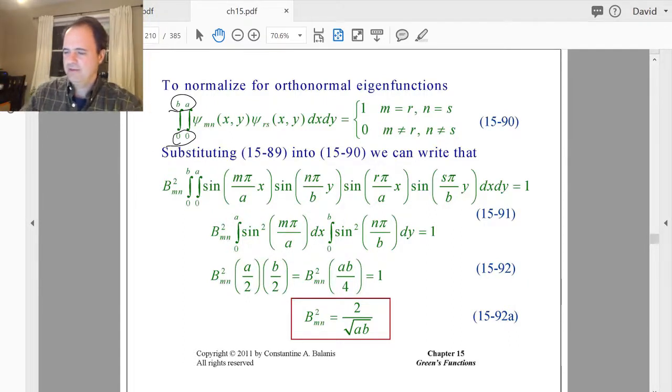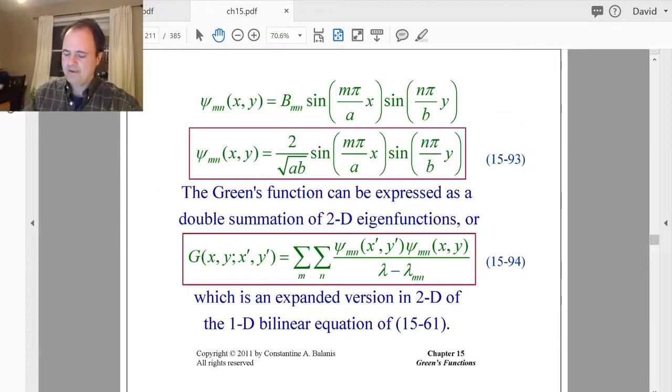That has to be equal to 1 if all the indices are the same, and 0 otherwise, and we're able to then find that those b's are 2 r squared over ab. So we plug that back in here, and those are our eigenfunctions. So we put those directly into the bilinear formula right here, and bingo, that's what we have. Okay.